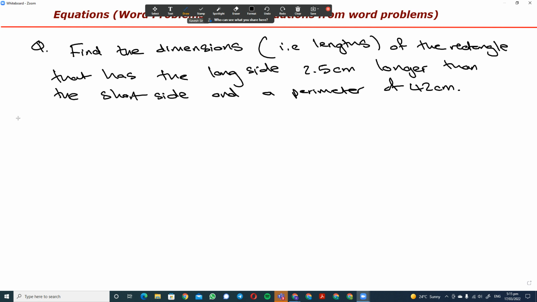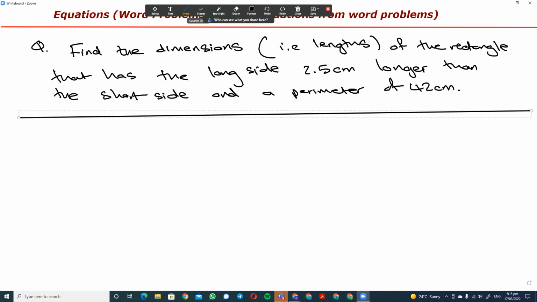All right, and that's the question over there. Give it a go, and when you're done, type done. I'll give you 5 minutes to try this, okay? All right.